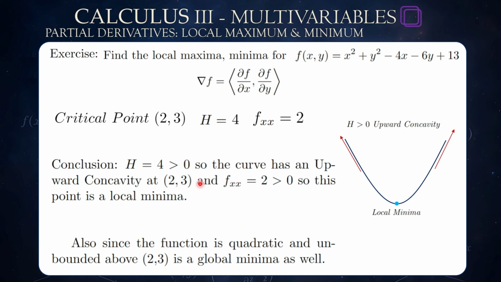Because the concavity of this curve is positive. fxx gives us that this function is going upward, and since h is greater than 0, it is an upward concavity along with fxx equal 2, which is also greater than 0. What we can conclude is that (2, 3) is a local minima. Also, since the function is quadratic and unbounded above, (2, 3) is also a global minima as well.